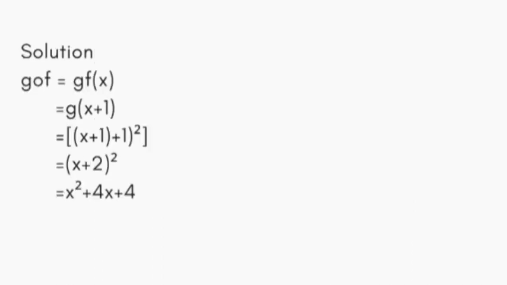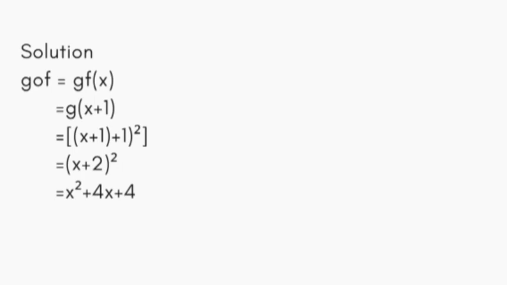So to solve for G of F is the same thing as GF of x. So in the solution, we substitute for f of x in GF of x, and that results to g of x plus 1. Recall that g of x is equal to x plus 1 squared.